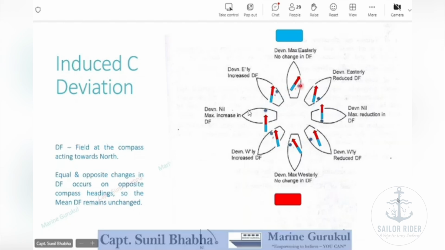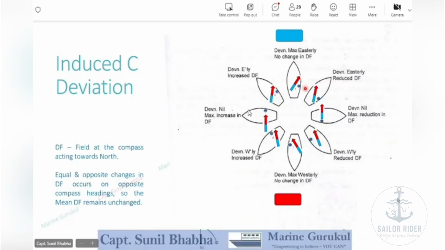You can see here this is a soft iron structure, and we are assuming that the ship is somewhere in the northern hemisphere. Now we know that in the northern hemisphere the magnetic lines of force re-enter the Earth's surface. So these magnetic lines of force will be entering from the top of the vertical structure and going out from the bottom of the vertical structure.